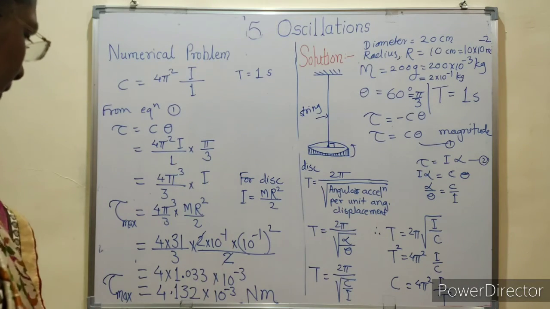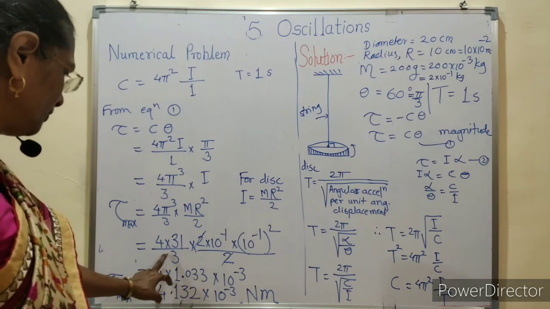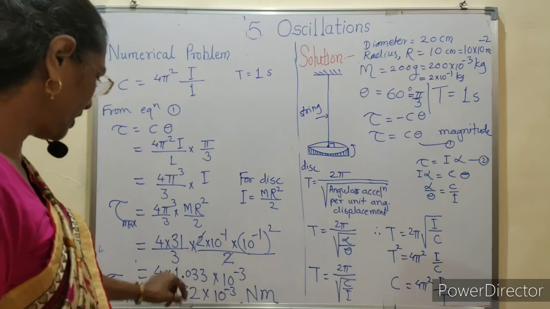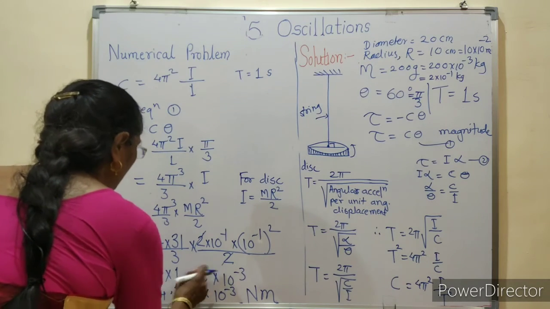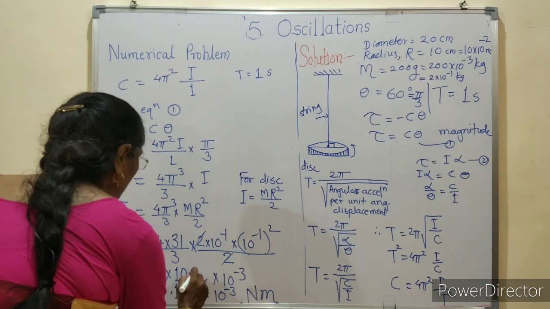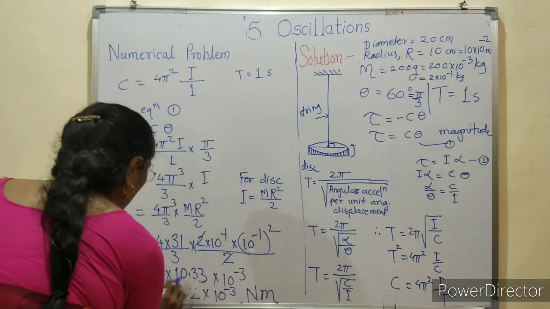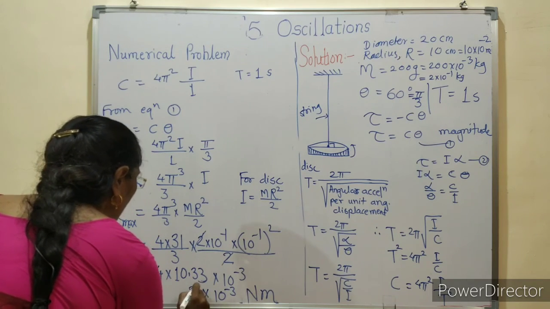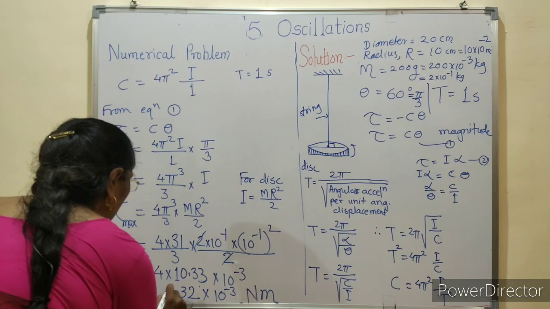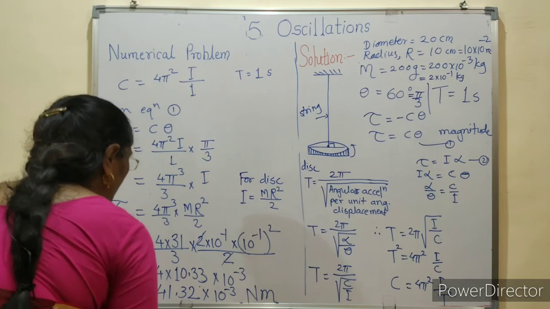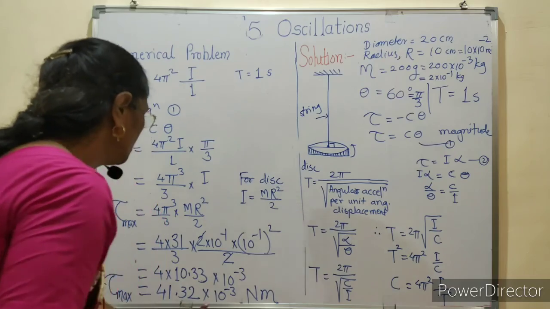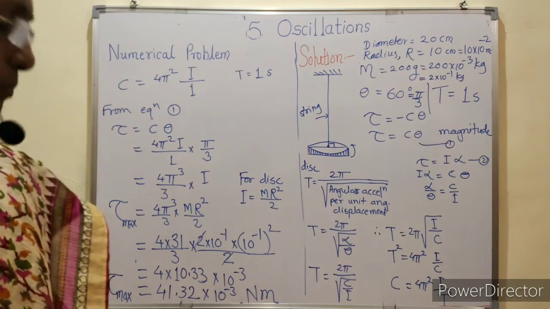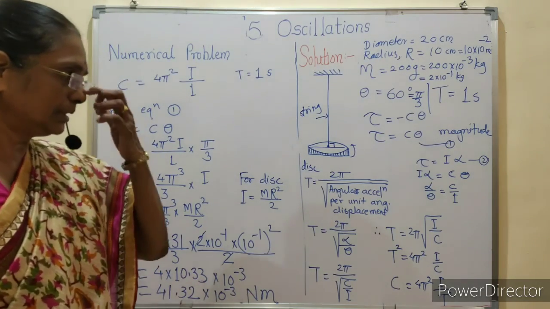So here 4 into 31 divided by 3 is 41.33, sorry for that. 41.33 into 10 raised to minus 3 Newton meter is the answer.